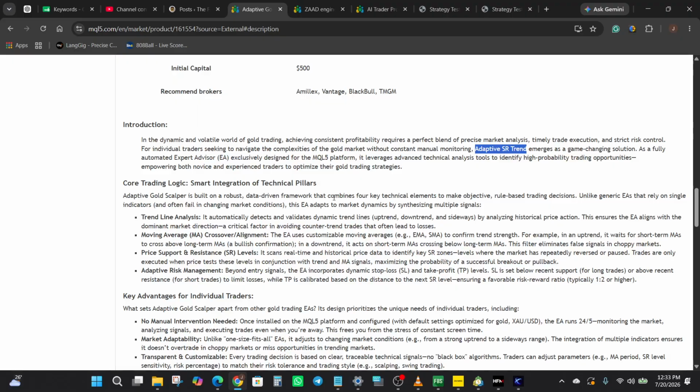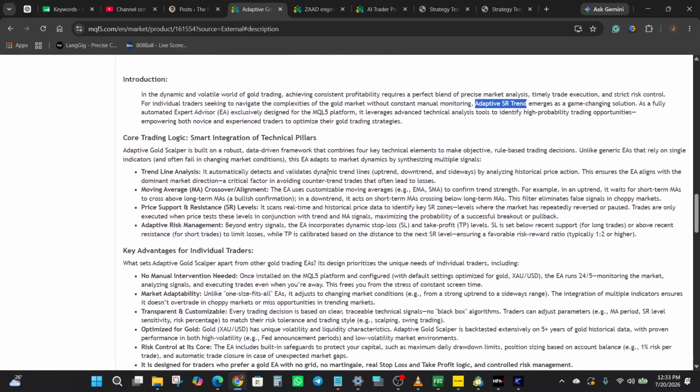Okay, so that section describes a strategy combining trend line analysis, moving average crossovers, support and resistance levels, and adaptive stop loss and take profit placement, targeting roughly a 1-to-2 risk reward ratio with no martingale or grid methods, and backtesting across more than 5 years of gold data. So given the naming inconsistency, it's worth confirming with the seller whether this description accurately reflects the product being sold.